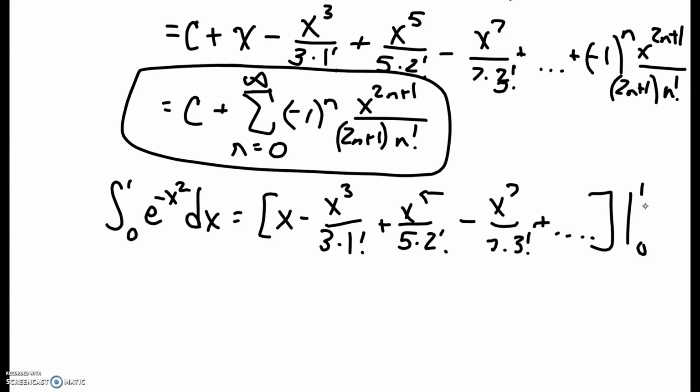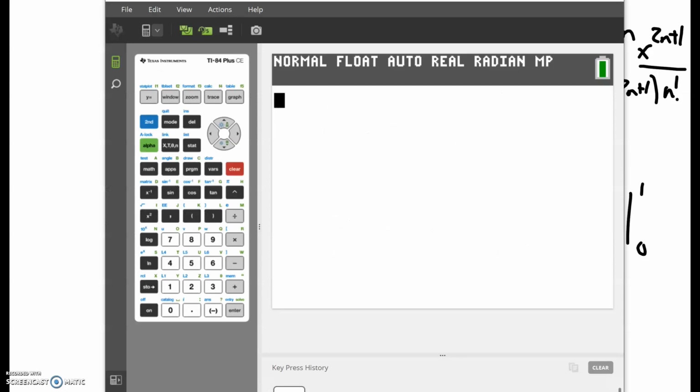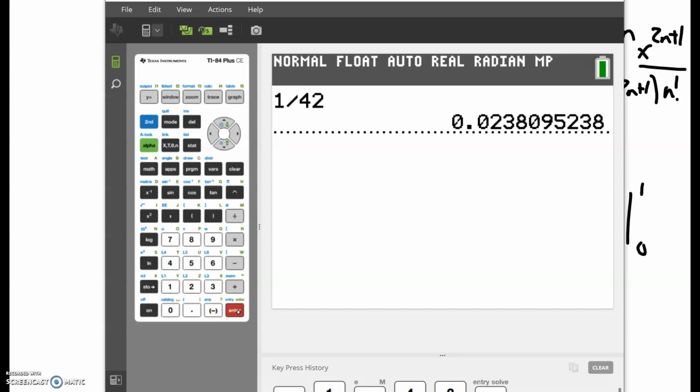And if we check, because it's an alternating series, we want to find the first term that is less than 0.001. So if we plug in 1, our last term here is 1 over 7 times 6, which is 1 over 42. And if we check 1 divided by 42, we get 0.02, so we need to go at least one more term.